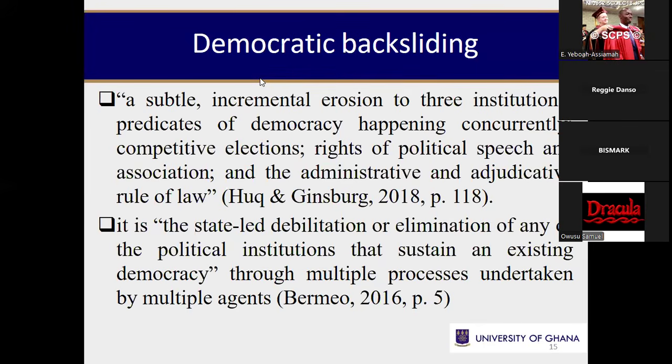Yeah, Samuel. So democratic backsliding is led by the state. It is the state that leads the whole process because an ordinary citizen without political power or administrative power cannot weaken the institutions of states. We have law enforcement agencies. They are the very agents that the state or the government will use to weaken democracy.